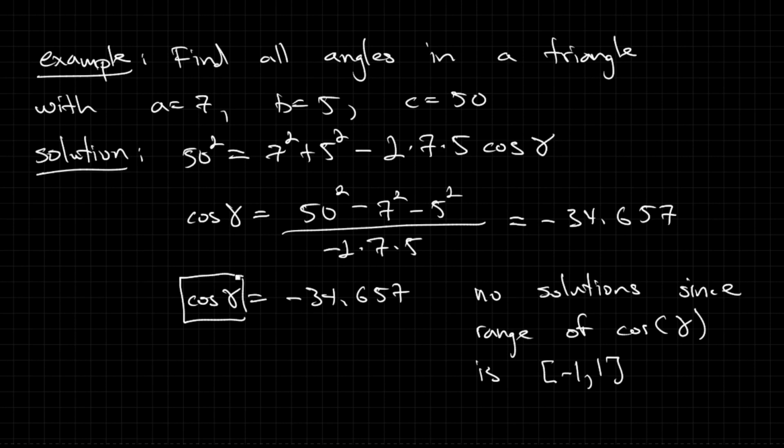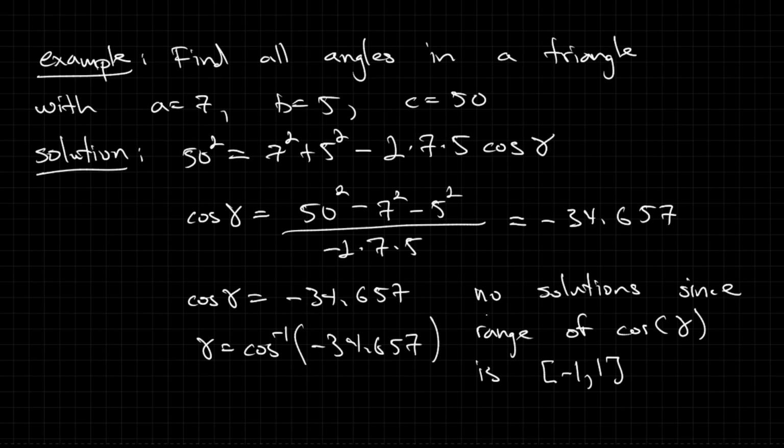Or if you don't happen to notice this at the time of doing this computation, you can try to do the cosine inverse of the right-hand side, but on typing this into the calculator, you would get what's called a domain error, and then you would be reminded, oh, this equation does not have any solutions. So there is no gamma which satisfies cosine of gamma equals -34.657.